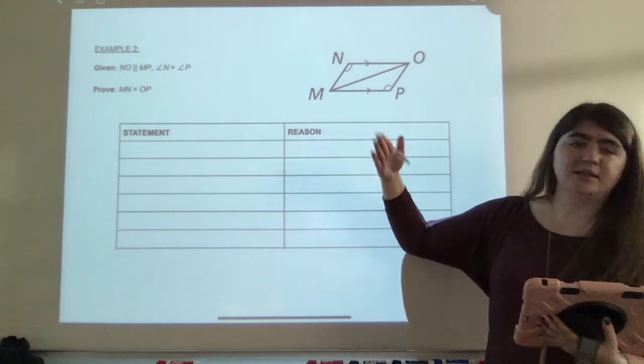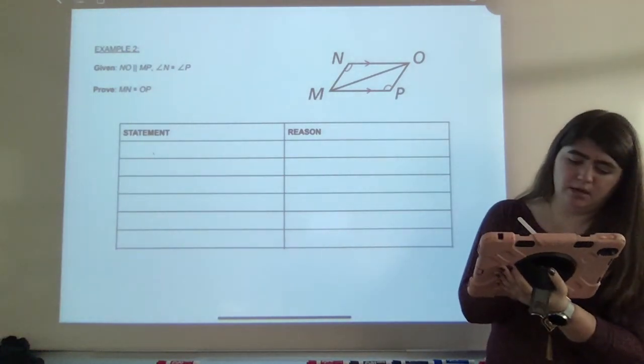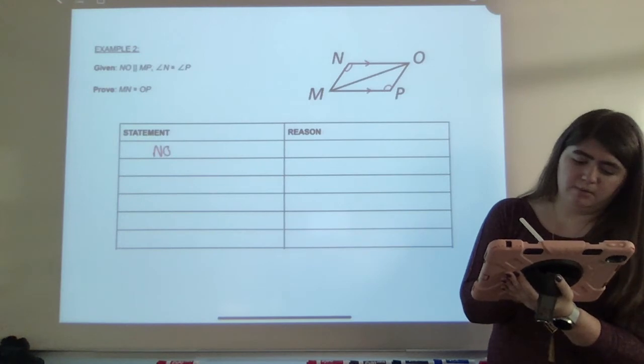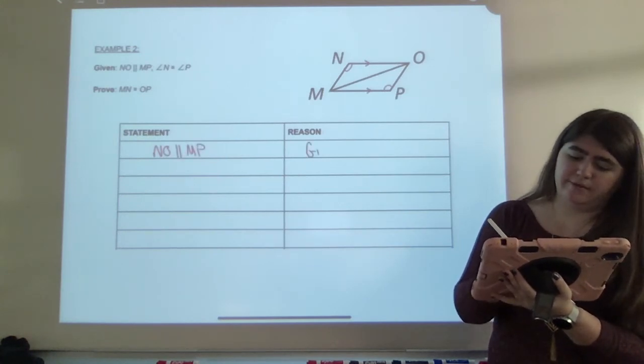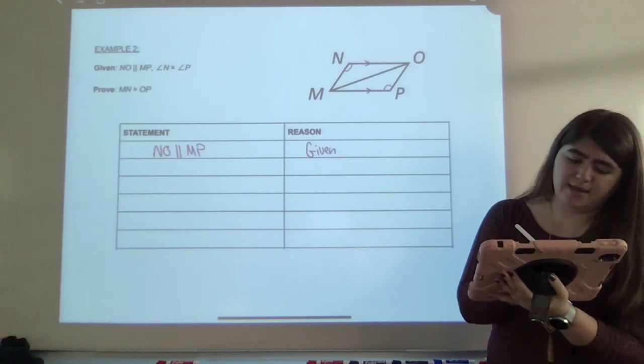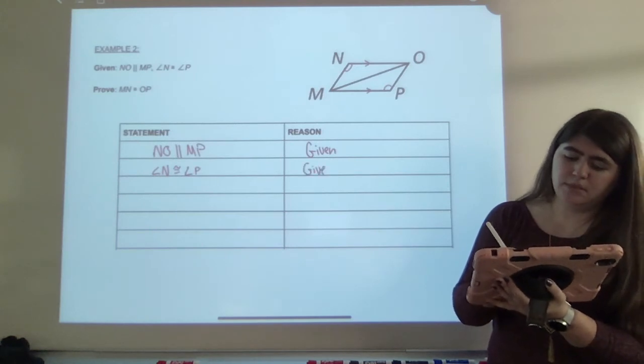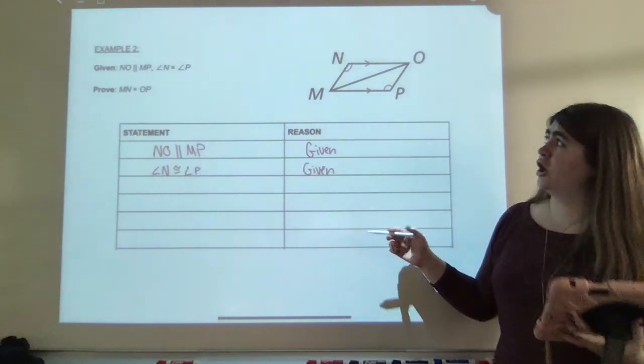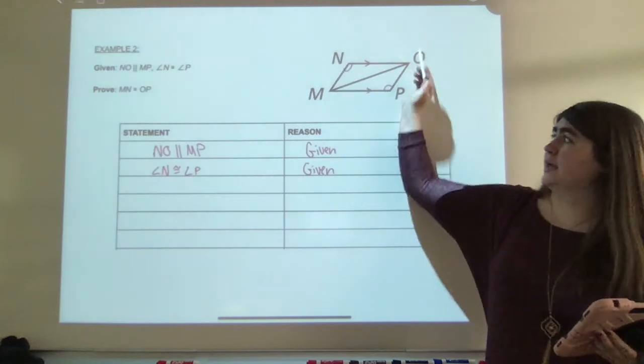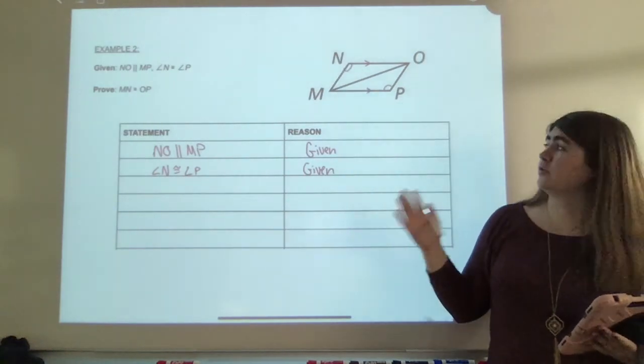So I'm going to write them in two lines again. So I have NO is parallel to MP because it's given, and I have angle N is congruent to angle P because it is given. And I'm trying to show that MN and OP are congruent.